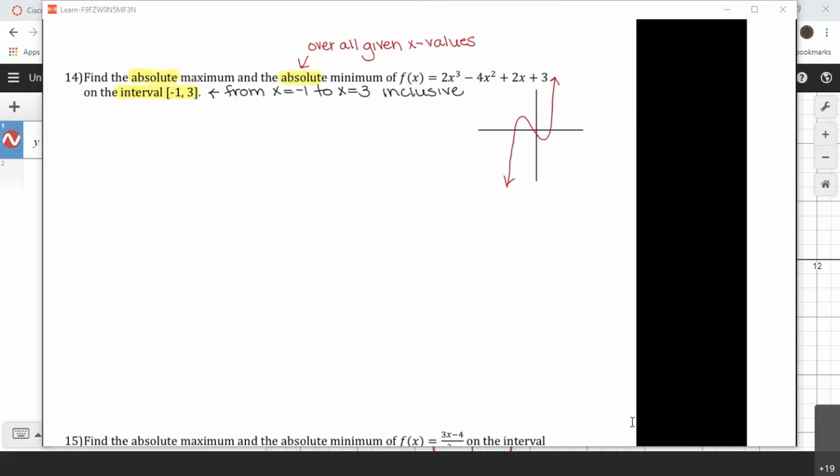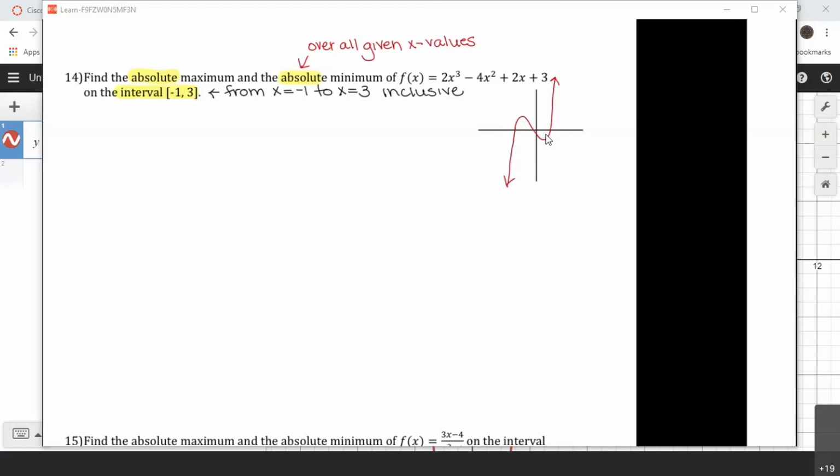But if you're talking about the entire domain of the function, there is no absolute, because the function goes all the way down towards negative infinity here and all the way up towards positive infinity here. So there is no absolute max or min if the interval is left out. Does everybody understand why that is based on the function?